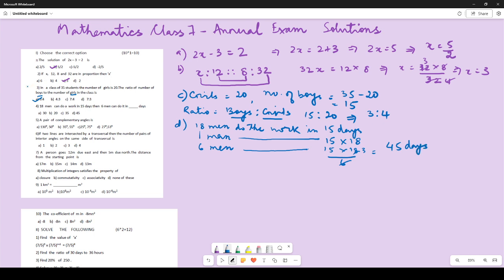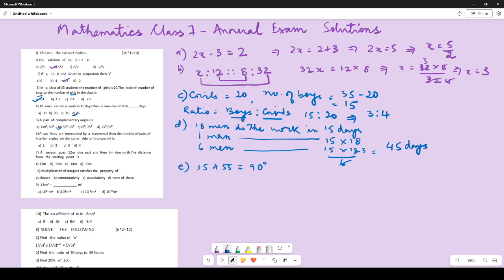So this should have been your answer, 45 days, right? Now the next one: a pair of complementary angles is, most of you got this correct. You understood that 35 plus 55 is equal to 90 degrees. So complementary angles means it is a pair of angles which has the sum of 90 degrees. So this is the correct answer.